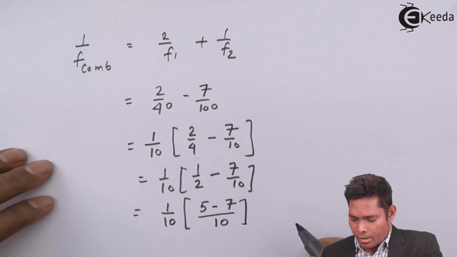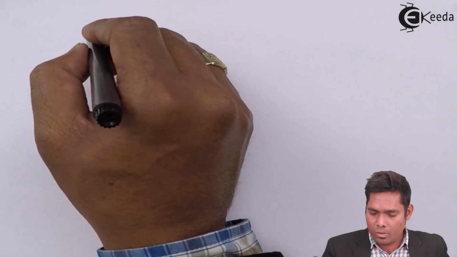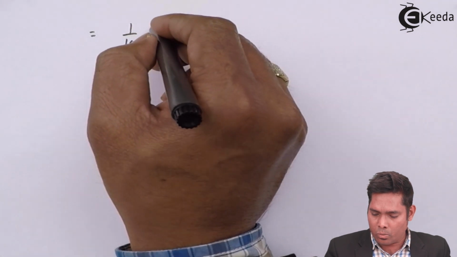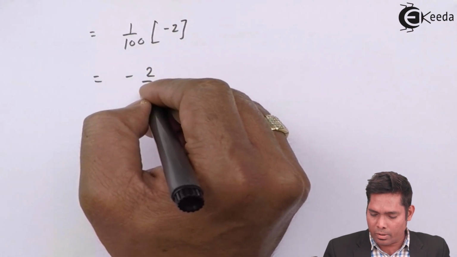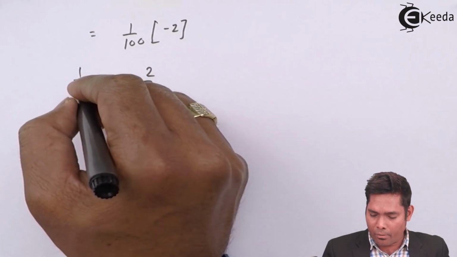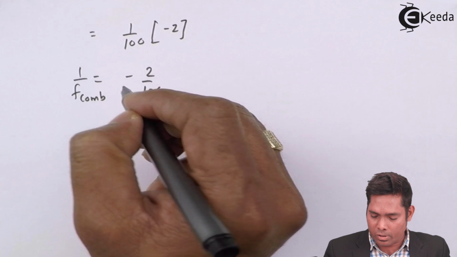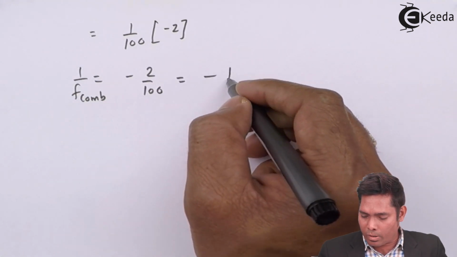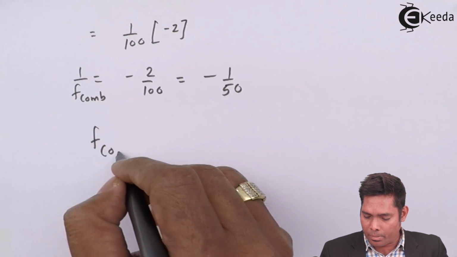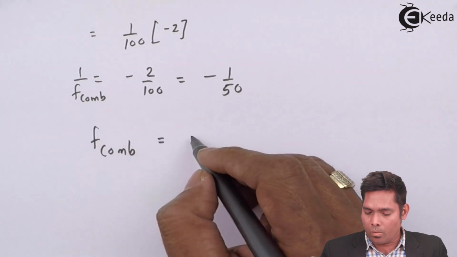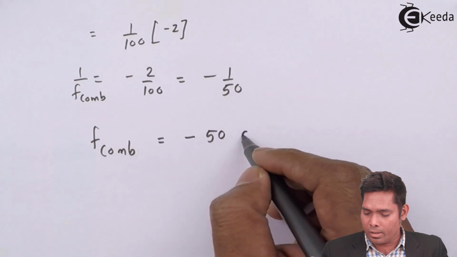So from here I'll get 1 over 100 into minus 2, that is minus 2 over 100. So 1 upon f combo is this, which is equal to minus 1 over 50. Therefore the focal length of the combination is equal to minus 50 centimeters.